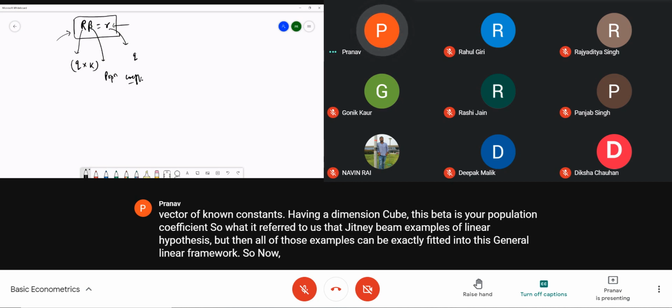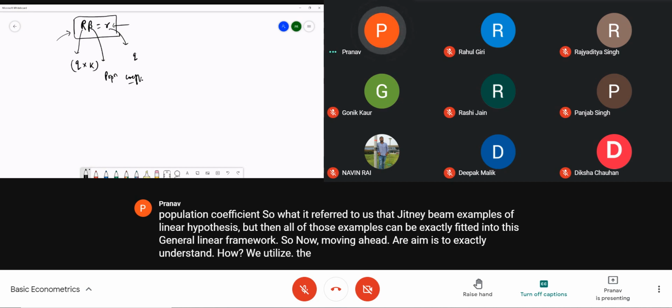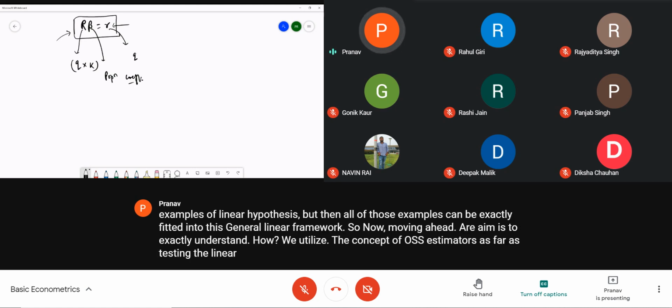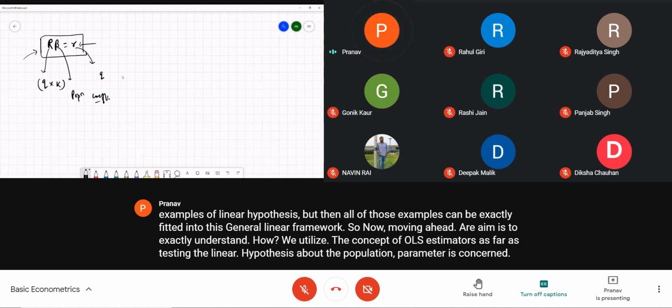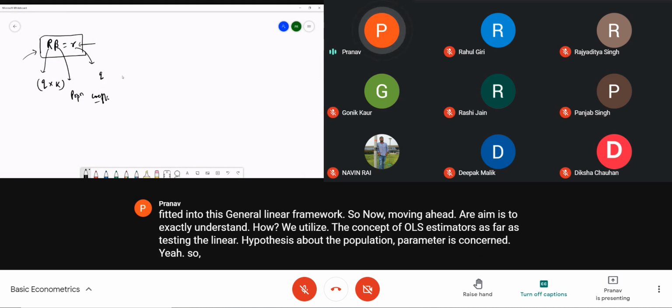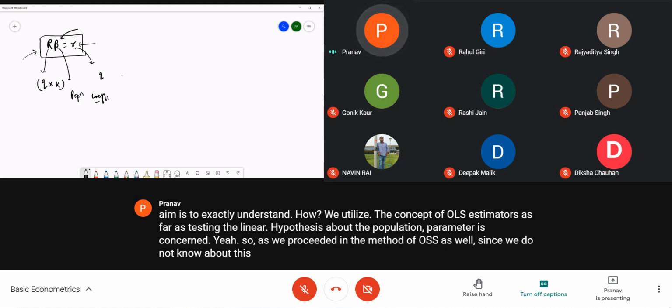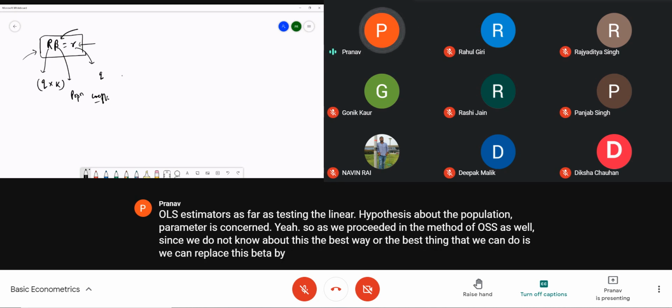Now moving ahead, our aim is to understand exactly how we utilize the concept of OLS estimators as far as testing the linear hypothesis about the population parameter is concerned. Since we do not know beta, the best thing that we can do is replace this beta by the OLS estimators.